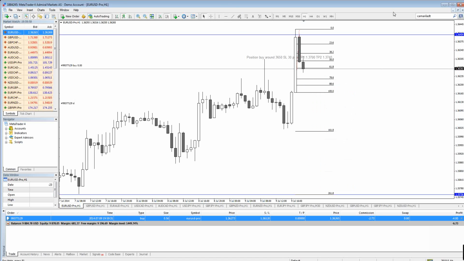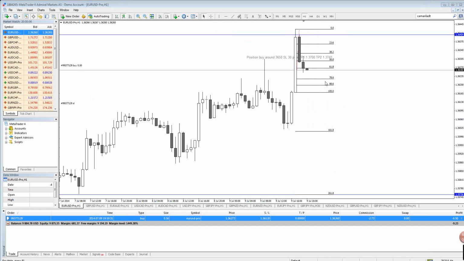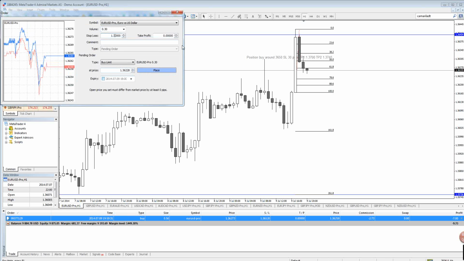At this point, and this is the example of how I do it in normal trading conditions, on high volatility, 36.22. So I would place another order at 36.22. We are buying, so we need to add the spread. Like this, the stop loss is the same, 12.